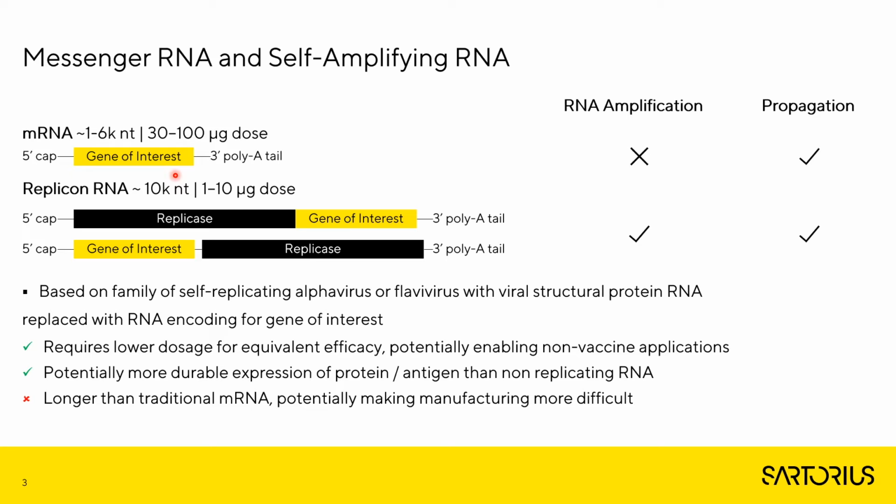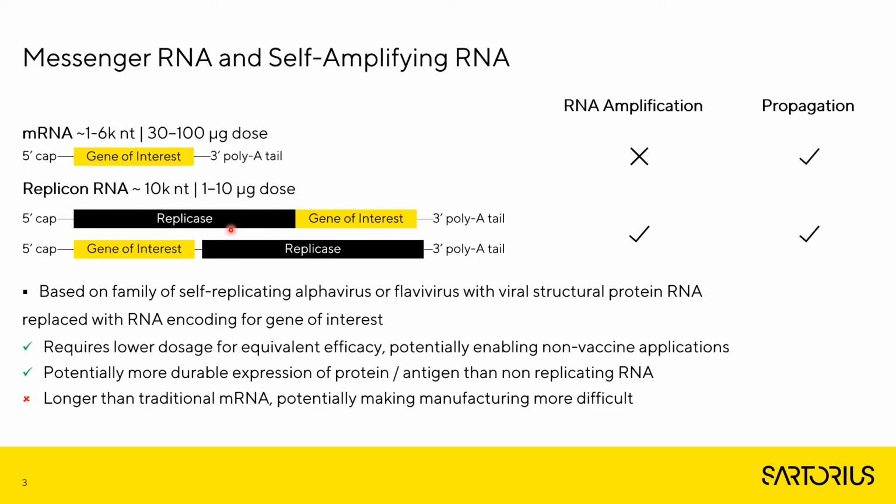Now, the primary difference with a self-amplifying RNA molecule is that it contains also genes encoding for replicase. So these encode for an RNA-dependent RNA polymerase, which typically comes from either an alphavirus or a flavivirus, and they give the RNA molecule the ability to reproduce, to copy itself inside of the cell.